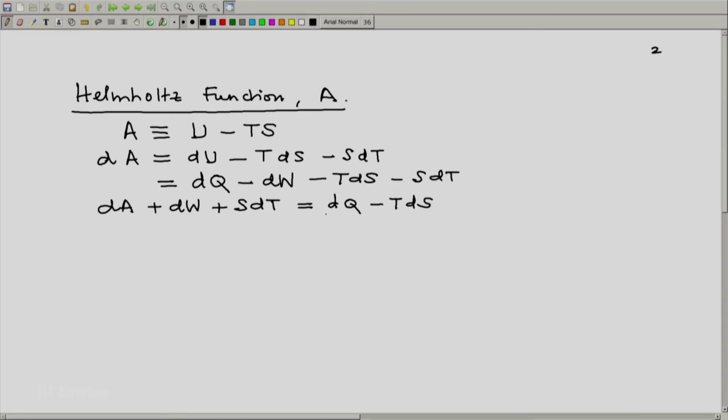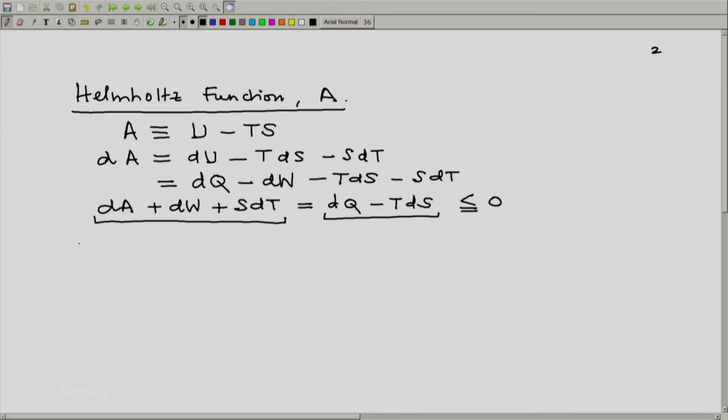But we know from the second law of thermodynamics that dQ minus TdS should be less than or at most equal to 0, and that means the left hand side of this is less than or equal to 0.